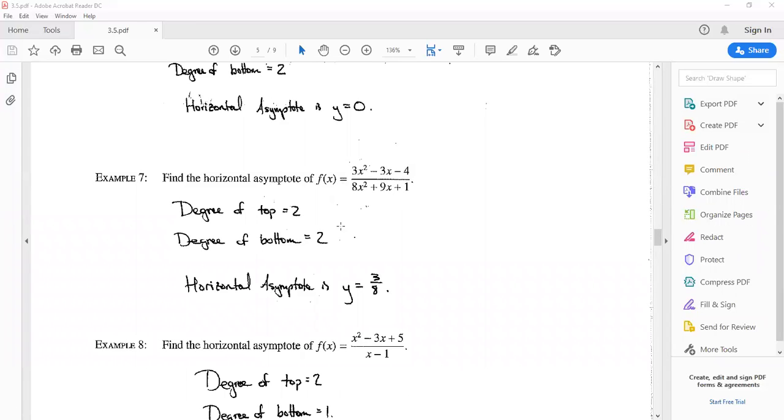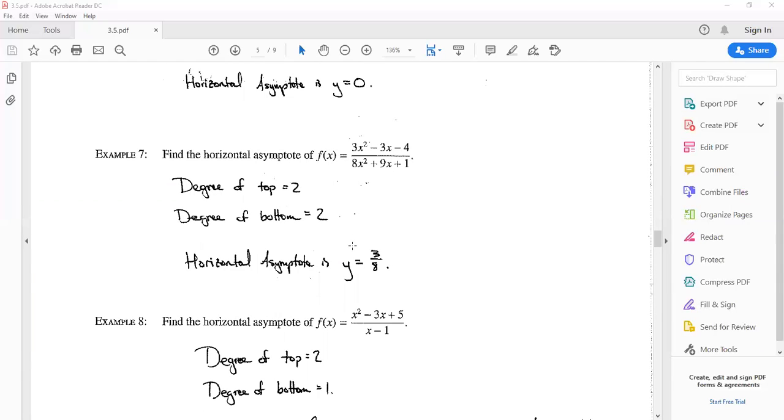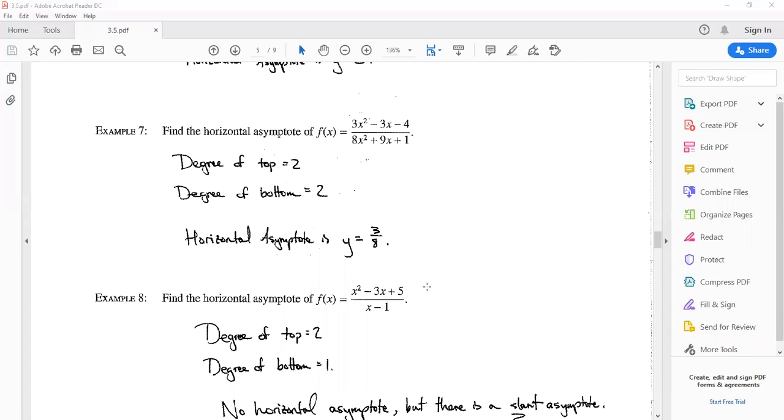Okay. The last one here has f of x equals x squared minus 3x plus 5 divided by x minus 1. And it looks like the degree of the numerator is 2, but the degree of the denominator is only 1. So by rule number 3 above, I believe, this function has no horizontal asymptote.